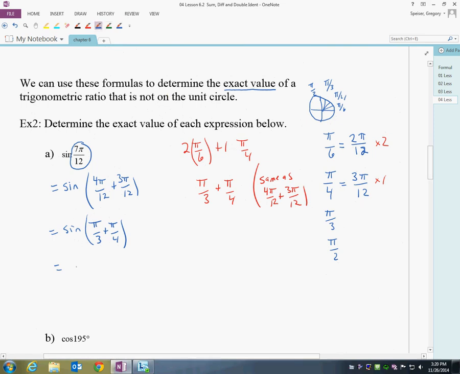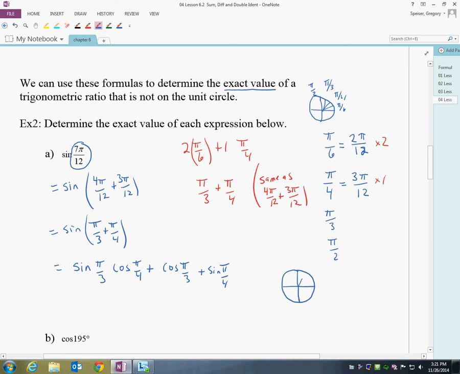So I will get the sine of pi over 3 times the cos of pi over 4, plus, now they switch this, cos of pi over 3 times the sine of pi over 4. I hope I got that right. And then we have to know what each of our values are. So the sine of pi over 3, where is pi over 3?